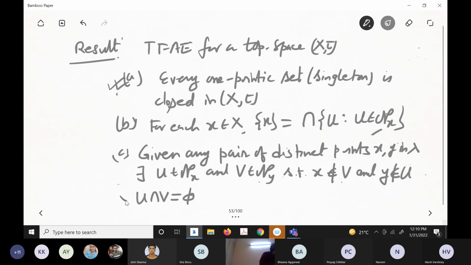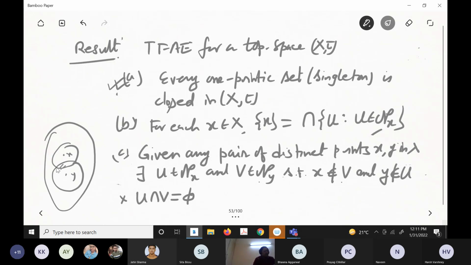U and V may intersect. Suppose you take this x, this is y, and you take a neighborhood of each. x doesn't belong to V and y doesn't belong to U, but they may intersect.